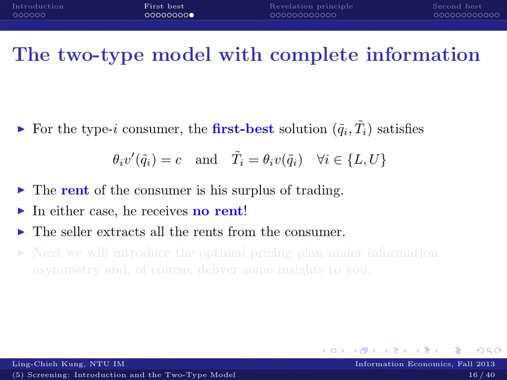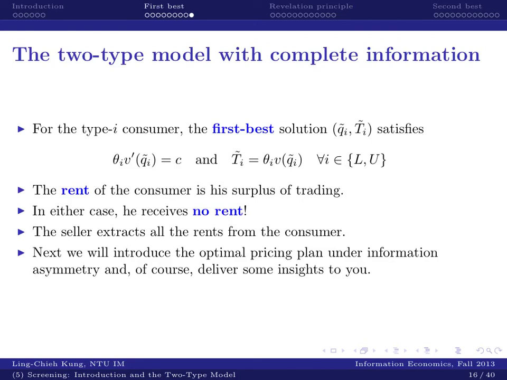So now, through all kinds of discussions, we can see if the seller can make the contract offer and can observe the agent's type, then the seller can get everything. And that means private information is really the thing that protects an agent or a consumer.